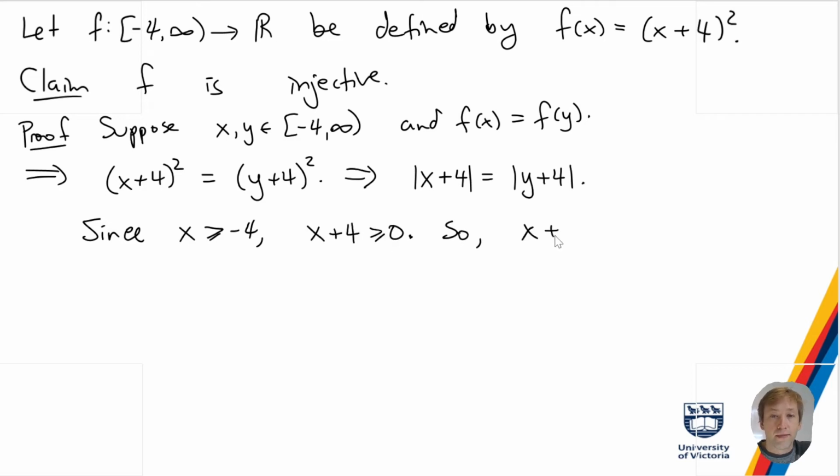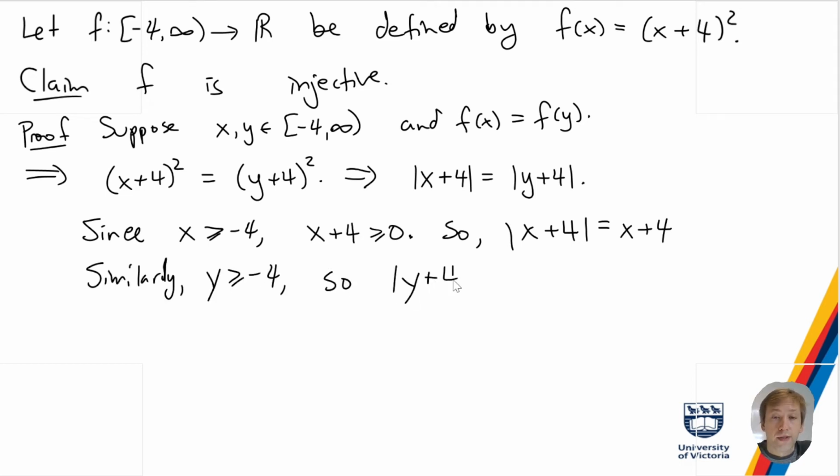So the absolute value of x plus 4 is just equal to x plus 4. That's how absolute values work, right? Similarly, y is at least -4, so the absolute value of y plus 4 is equal to y plus 4.